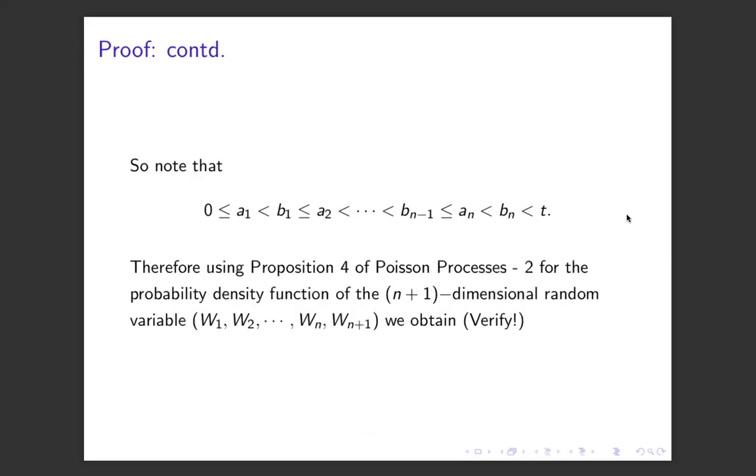So we proceed as we use the result which we had seen in those earlier notes, Poisson process 2, I think. There it is called proposition 4, which gives you the probability density function for any n-dimensional W1, W2, ..., Wn. But here you need to take the n plus 1th dimension also, because this W(n+1) will be bigger than t, because we know that Nt equals n.